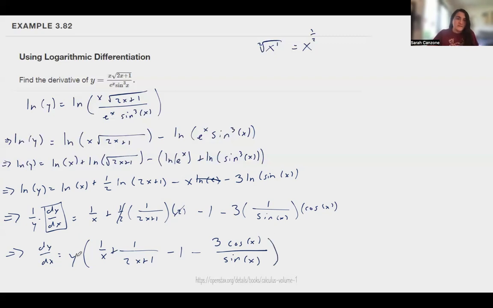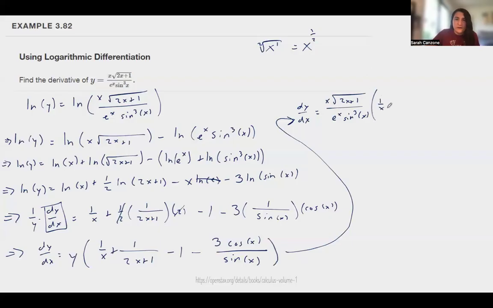All right, and then the last step is just to substitute in our original y. And so dy dx equals y. The original y is x times the square root of 2x plus 1 over e to the x sine cubed of x times this whole thing here.